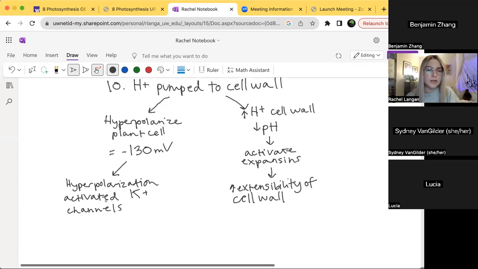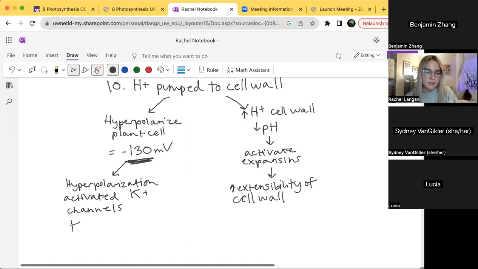So there are channels that if you hyperpolarize the membrane, they open. Now we're used to potassium leaving the cell, but if we're at negative 130, we're actually way below the equilibrium potential for potassium.